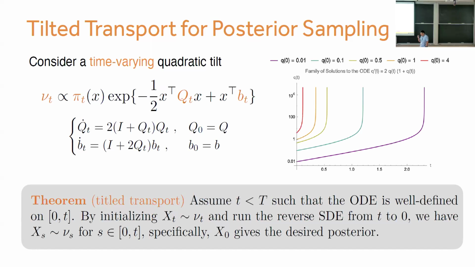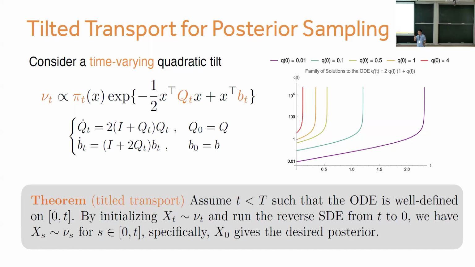Why? If you consider the special case I introduced in the previous case, if Q is proportional to identity, then all the eigenvalues will increase at the same rate and will blow up at the same time, and then the whole distribution mu t at that blow up time will become a delta distribution.